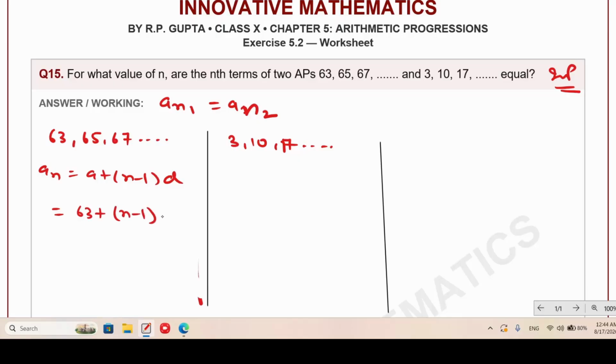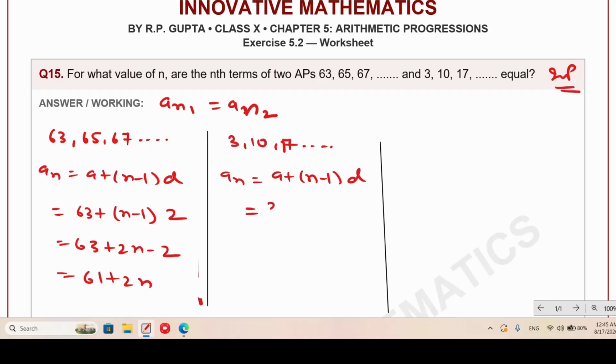n minus 1 into d, which is 2. So 63 plus 2n minus 2, so 61 plus 2n. Here an is equals to a plus n minus 1 into d, so this one is 3 plus n minus 1 into 7, so 3 plus 7n minus 7, so this is 7n minus 4.